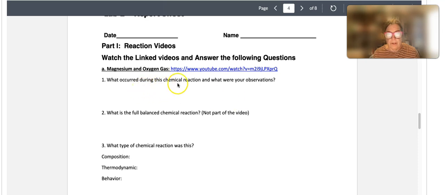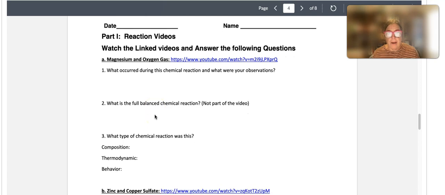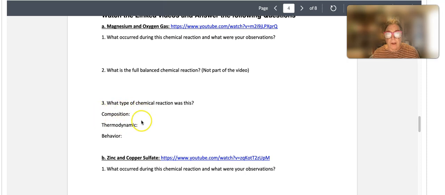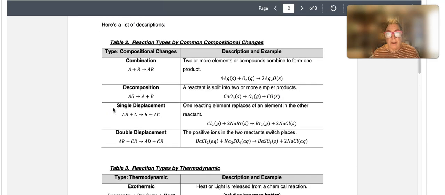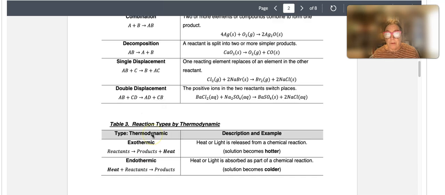It says, what occurred during this chemical reaction and what were your observations? So tell them what occurred, what you saw, what happened. Write the balanced chemical reaction, and then talk about what kind of reaction it was. Was it a combination, decomposition, single displacement, or double displacement?